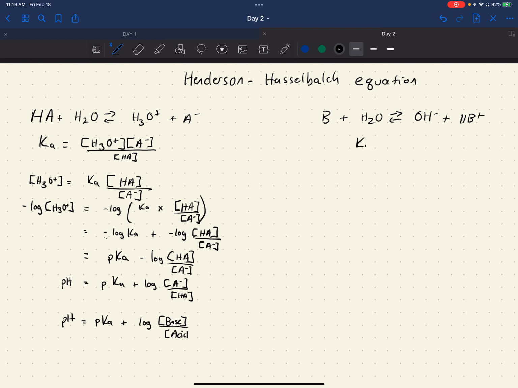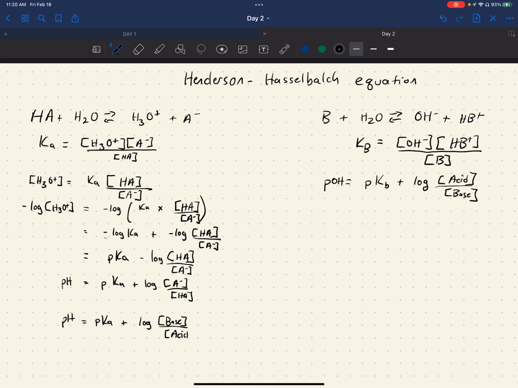So Kb equals the concentration of OH minus times the concentration of HB plus over the concentration of B. So I can go through similar steps and get pOH equals pKb plus the log of acid over base.